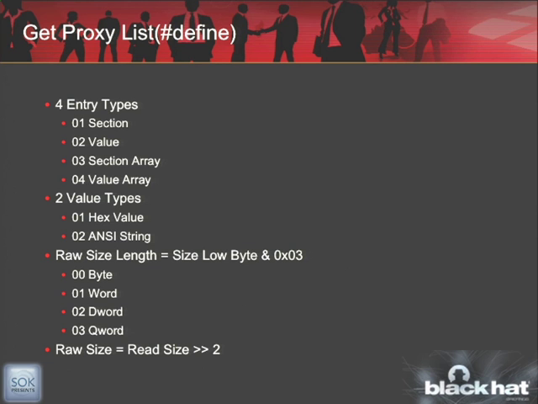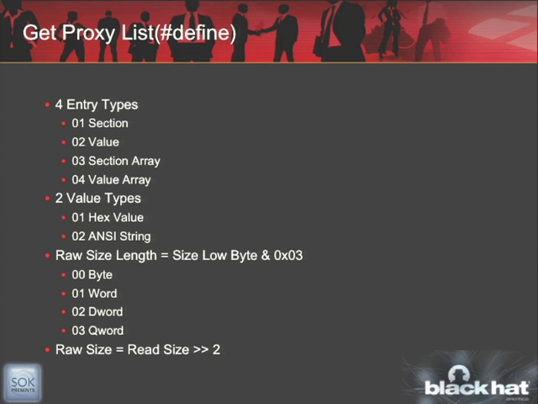And there are 2 value types. 01 means hex value, 02 is more strings. And next, we represent the raw size length. It uses the low byte of the size and ends with 0x3. You will get the size length. It's not the actual size, it's the size length. So the actual raw size is the read size right-shifted by 2.